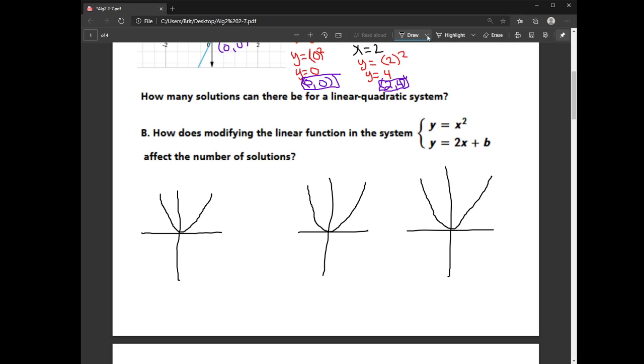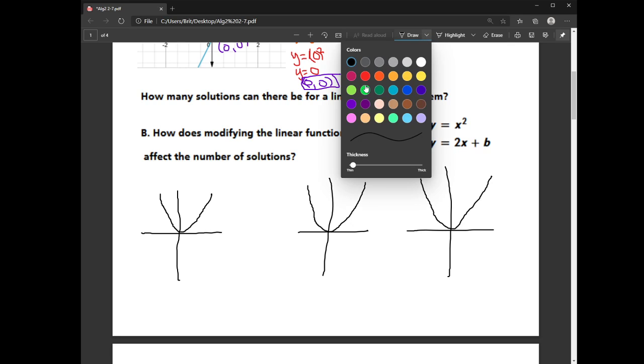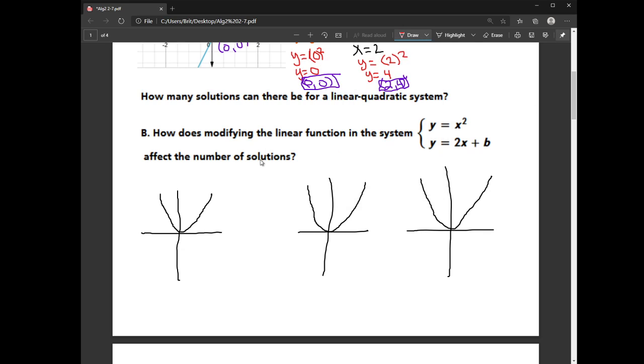So y equals 2x, that's a line that kind of goes like this. Alright, so it's going to intersect it at 2 points. So that's if my b value is 0. Okay, so you see how there's two solutions.